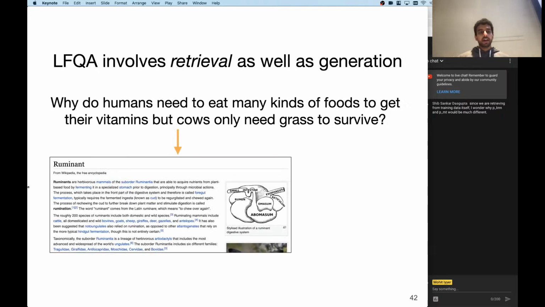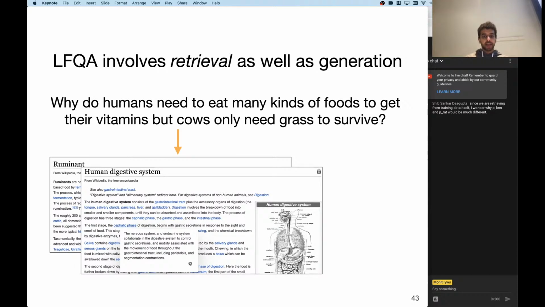So to do this, we might imagine retrieving a document like the Wikipedia article on ruminant, which I guess is the cow's stomach or something like that, and then also the human digestive system. And we might want to condition our language model on chunks from both of these retrieved documents so that it can leverage this external knowledge instead of having to do everything by itself.